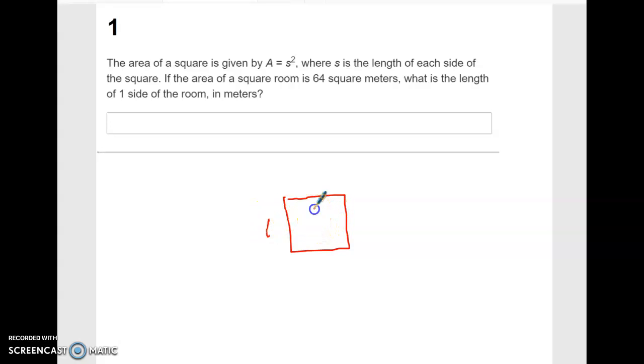So this area inside here is going to be length squared, or in this case, 64. To find the length of one side, you just need to find the square root of the area. In this case, it's going to be 8. Go ahead and pause the video and write down what you need from this page.